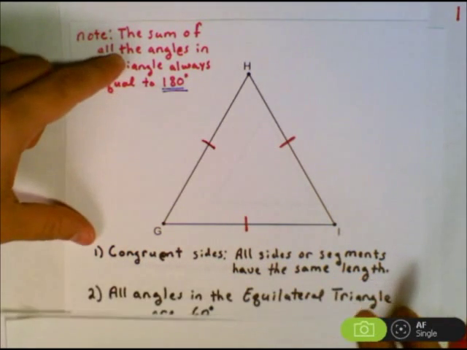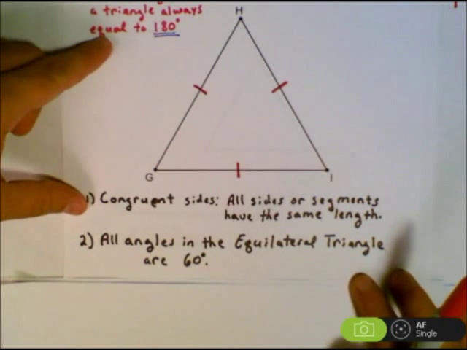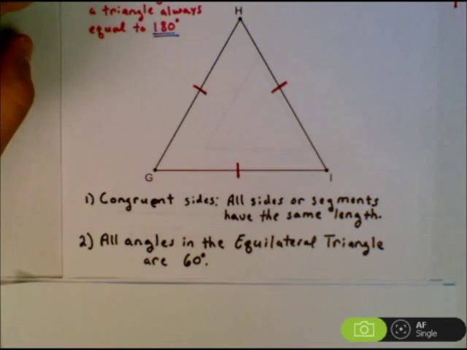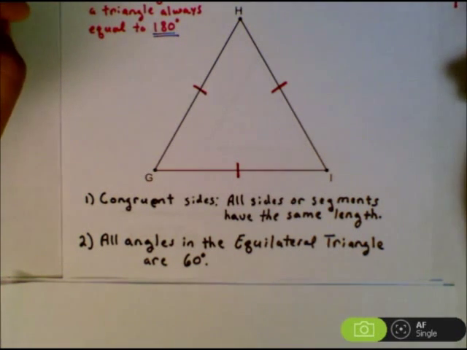Now, the second thing to remember about an equilateral triangle is all the angles of the equilateral triangle are 60 degrees. If you know one angle in an equilateral triangle, you know all the angles.